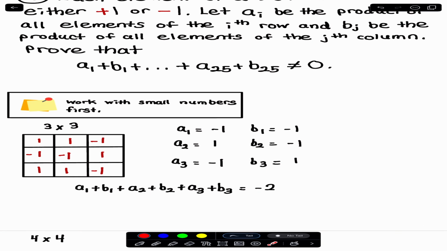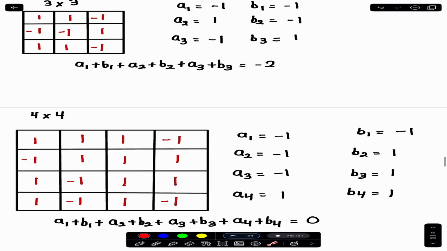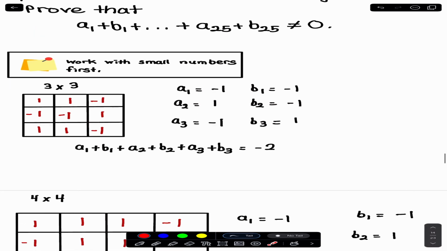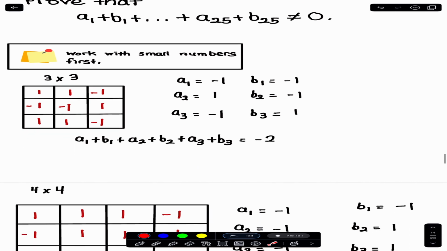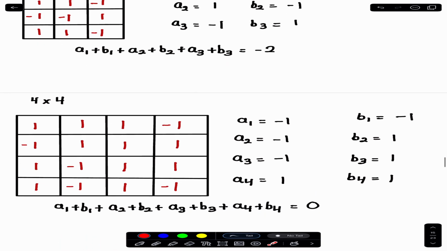The 3x3 didn't work, and notice that 3 is odd. But for a 4x4, which did work, 4 is even. And in this problem, 25 is odd, and we are given that this whole sum cannot be equal to 0. That's definitely something interesting to think about.